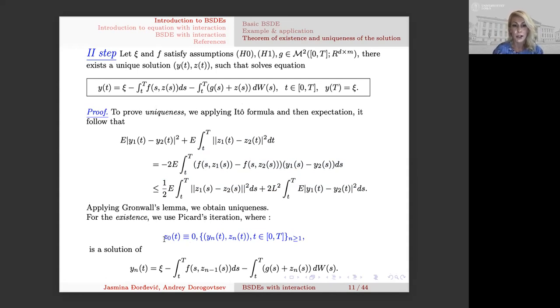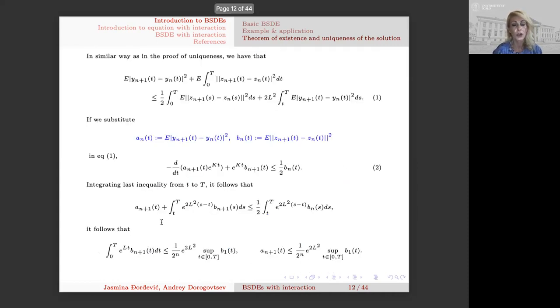So for the initial step, Z0 is 0, and the iterating step for Yn and Zn is given in the last line, where now because of the defined iterations, the drift is known. So this equation has a solution with respect to the first step. So the sequence is well defined, and what is left to prove is that it converges. So we just take the difference of the successive members and then apply the Ito formula on its square, and take expectation.